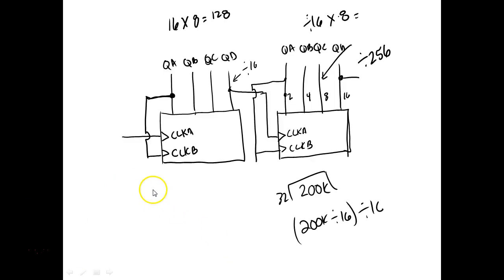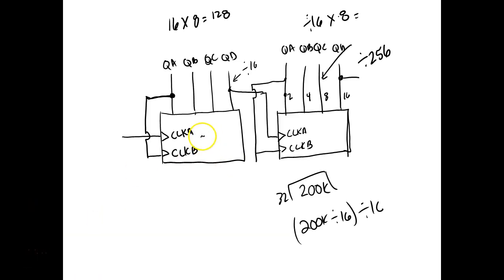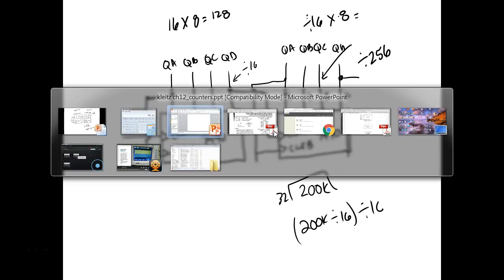Now the 7490 would be a little bit hard to figure out as far as your divide by. This guy right here would give us a divide by 2. But let's say I change this over to a 7490.